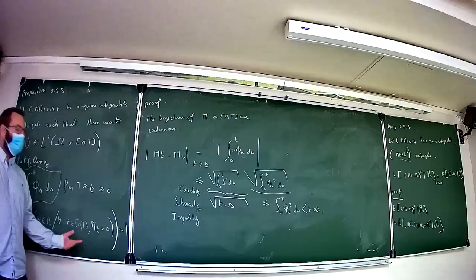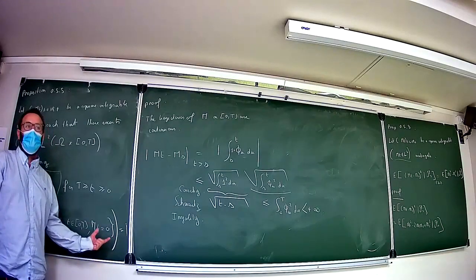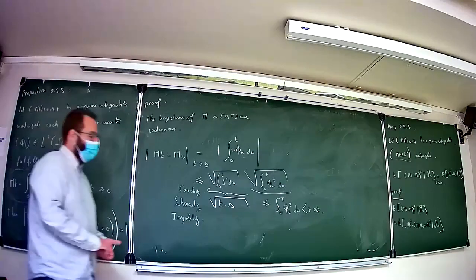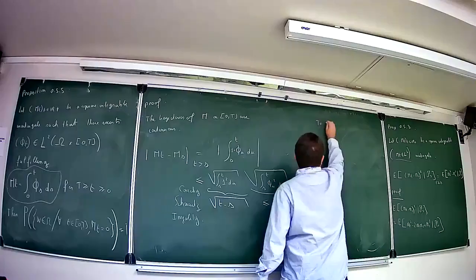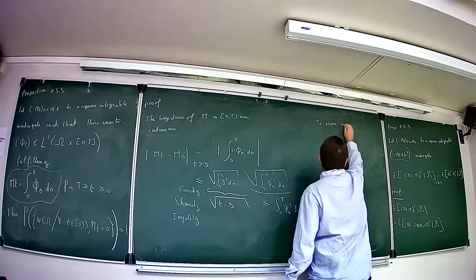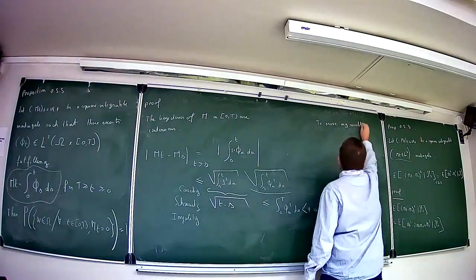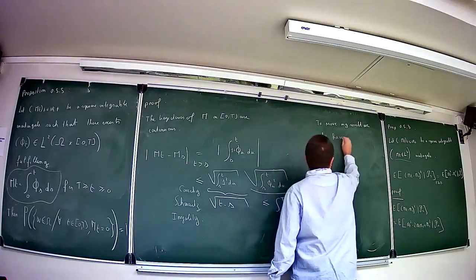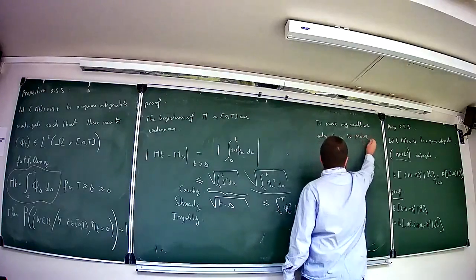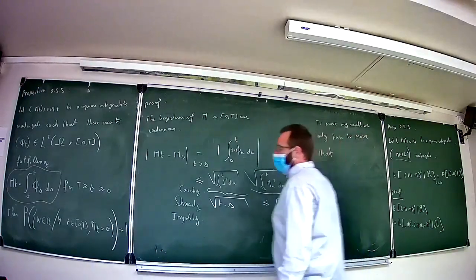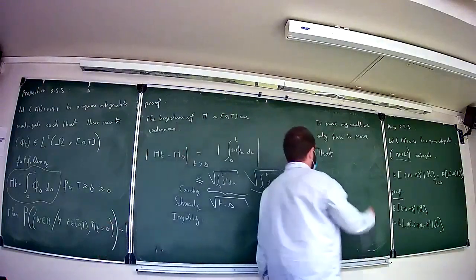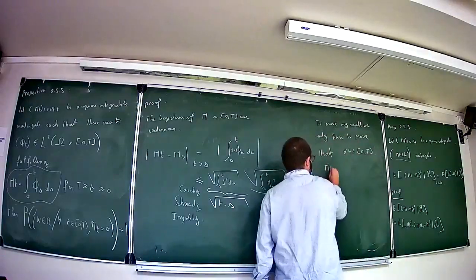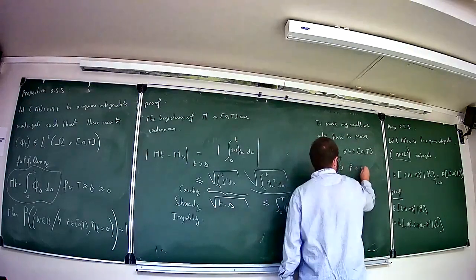So my trajectories are continuous, and according to the remark of your friend here, if I want to prove that MT and 0 are indistinguishable, it is sufficient to prove that MT is a version of 0. So to prove the result, we only have to prove that MT is a version of 0, that is, for all T belonging to 0 capital T, MT is equal to 0 P almost surely.